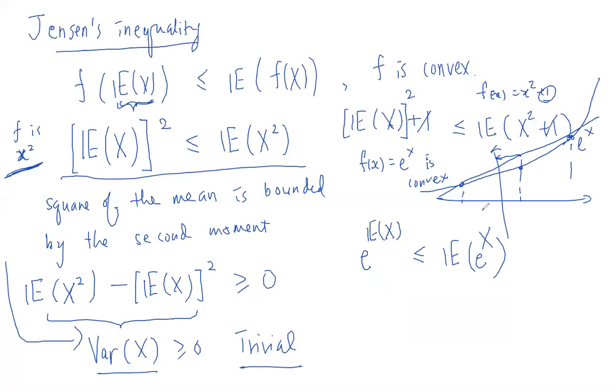Okay, which basically means e to the mu is bounded by the expectation of e to the power x, which means you can further get some results, mu less than log of the expectation of e to the x. Right.